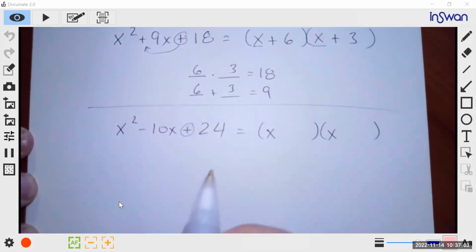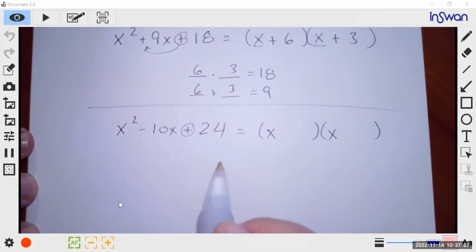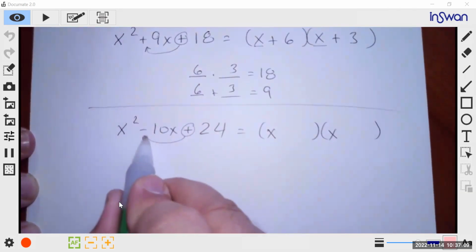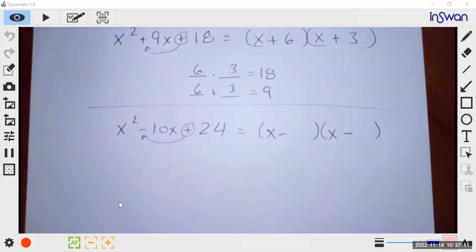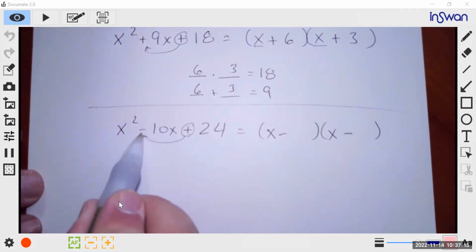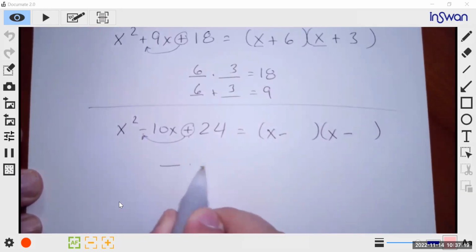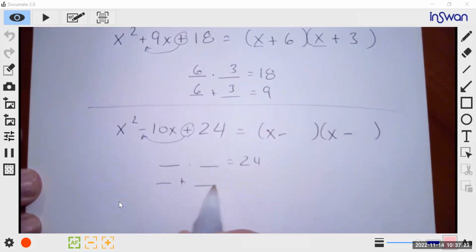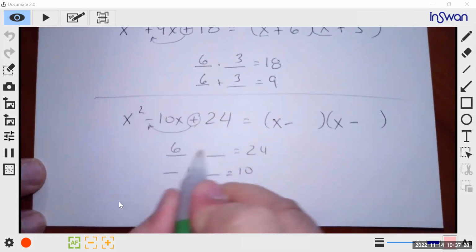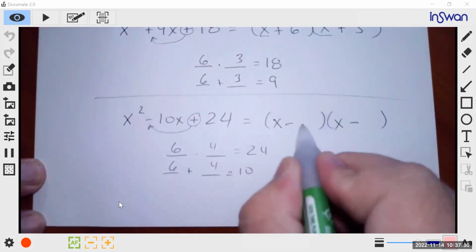Second sign's a plus. So what does it tell me about the signs? They're both the same. They're both going to be minus. The second sign's plus, so they're the same. It's whatever the first sign is. What times what is 24, when I add them, I get 10? Right.